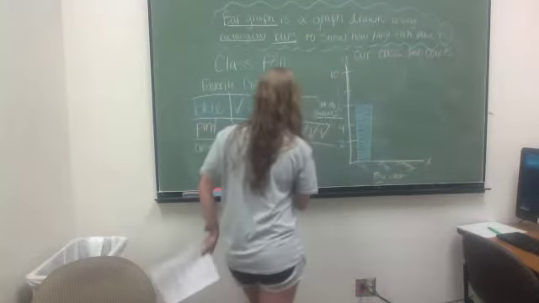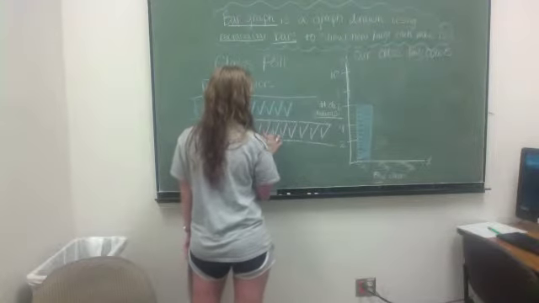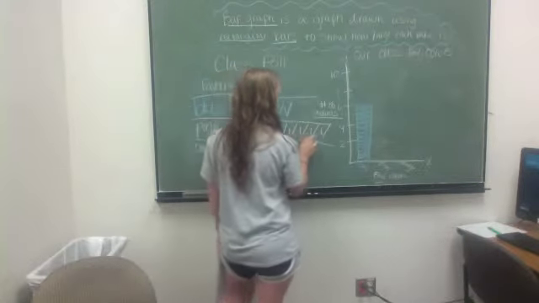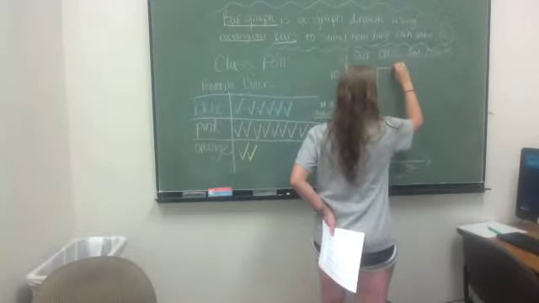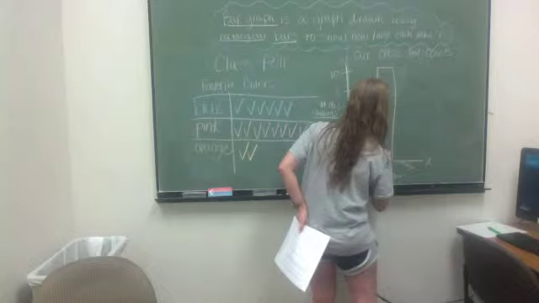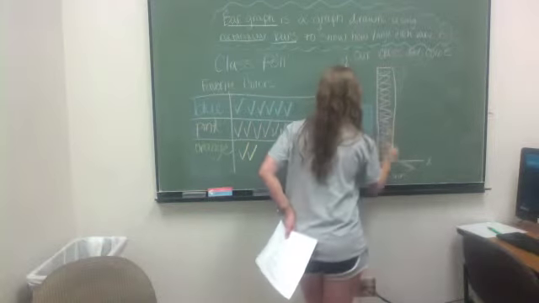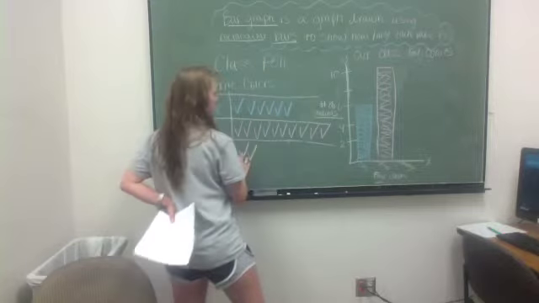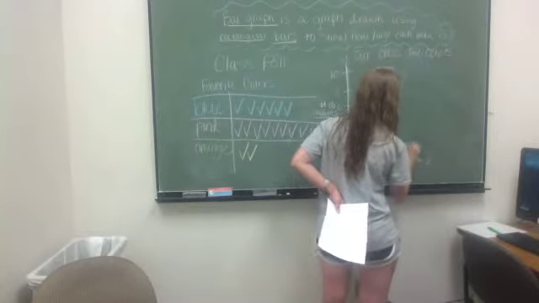What about pink? 1, 2, 3, 4, 5, 6, 7, 8, 9, and 10. I'm going to draw my line up all the way to 10 and over and color it up. And how many orange? 2. So I'm going to draw my line up to 2 and over.